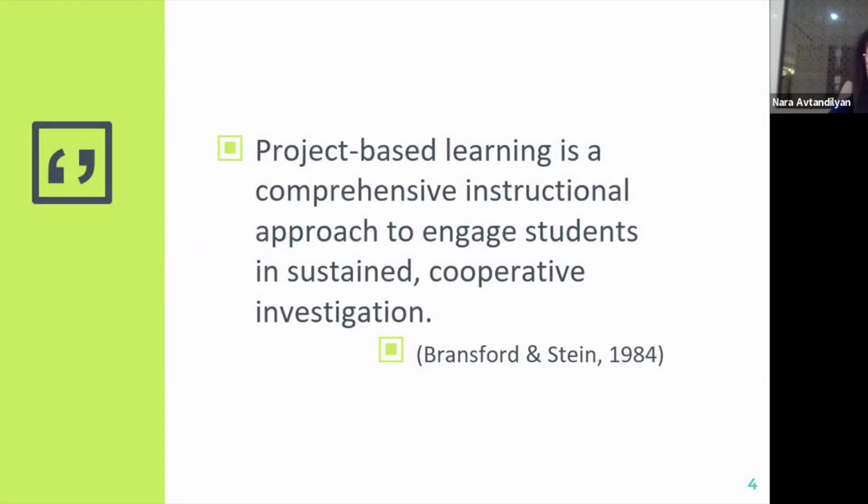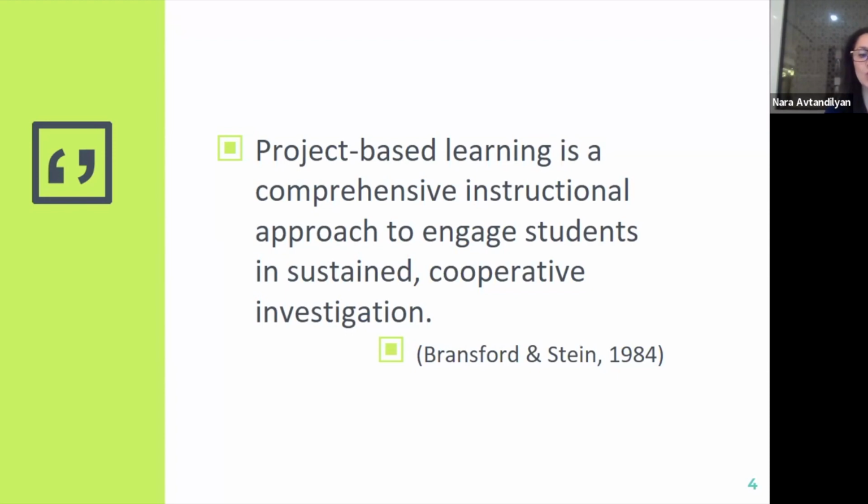What is project-based learning? According to Bransford and Stein, project-based learning is a comprehensive instructional approach to engage students in sustained cooperative investigation. In other words, PBL is a teaching method that encourages learning by actively engaging in real world and personally meaningful projects.